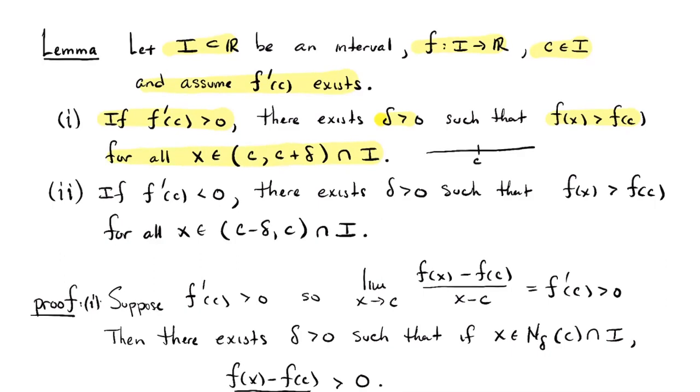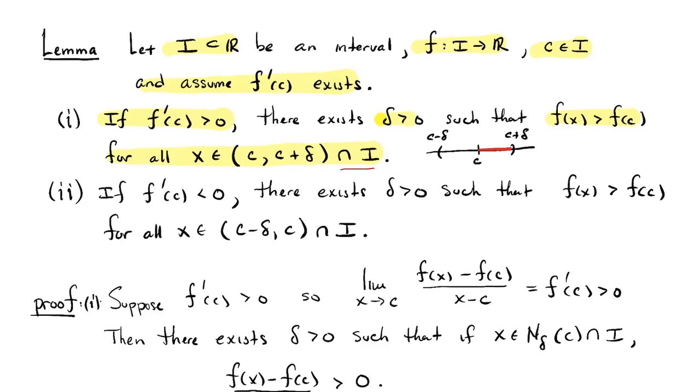Normally, when I think about a delta neighborhood, I think about c minus delta and c plus delta, but I'm just saying take those elements in the interval, so I'm intersecting with I, that are just in the right half, quote unquote, of the delta neighborhood of c. So if the derivative is positive at c, there's a delta so that f of x is bigger than f of c for every x in that right-sided neighborhood of c.